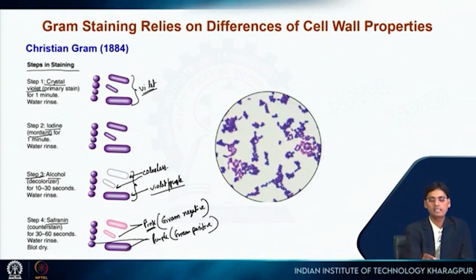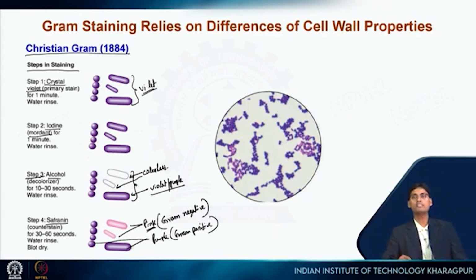As I mentioned, Christian Gram invented this technique, and accordingly we named gram negative and gram positive bacteria. And this is a very important step even in the clinical setting. In this way, initial characterization of bacteria can be done.